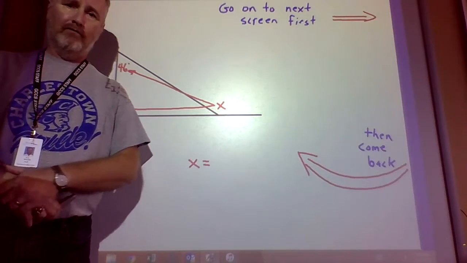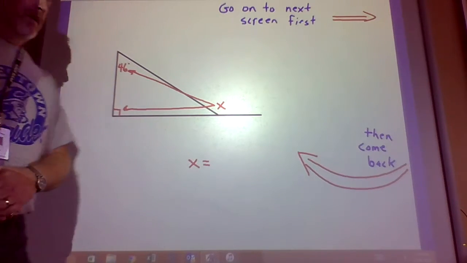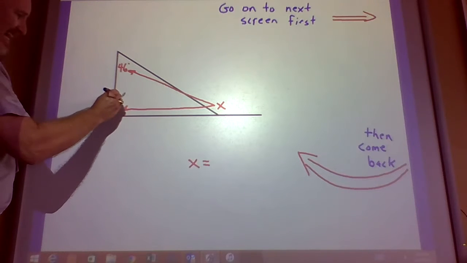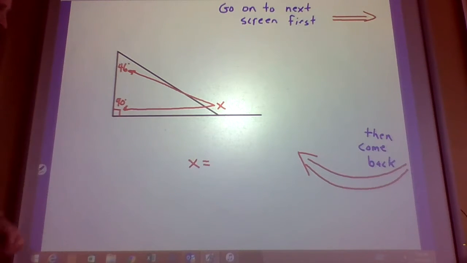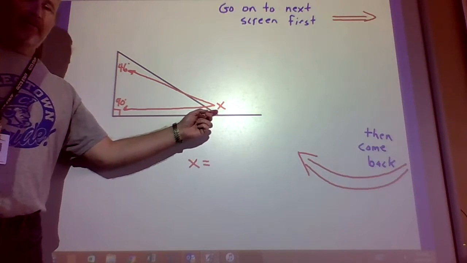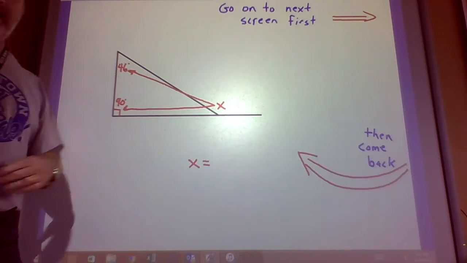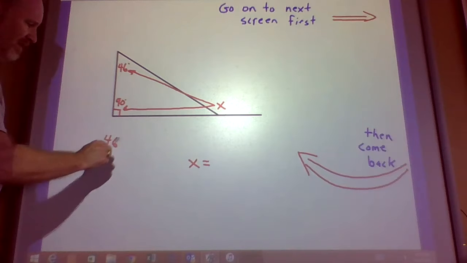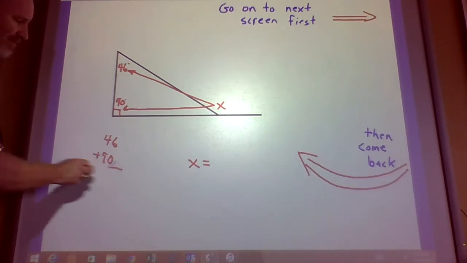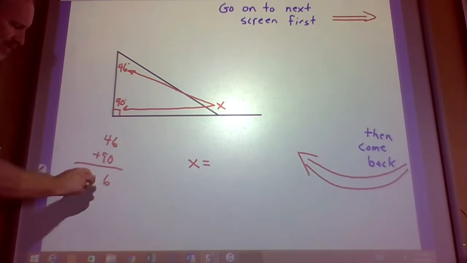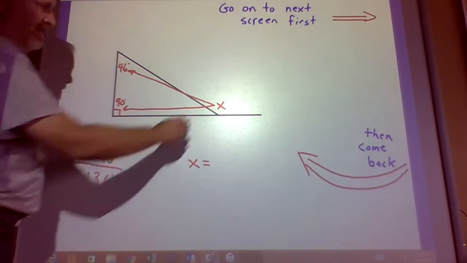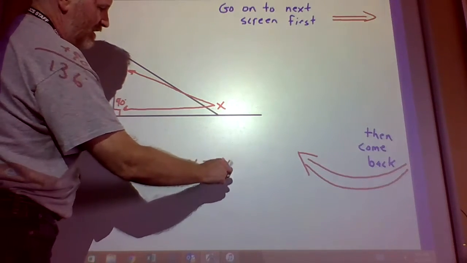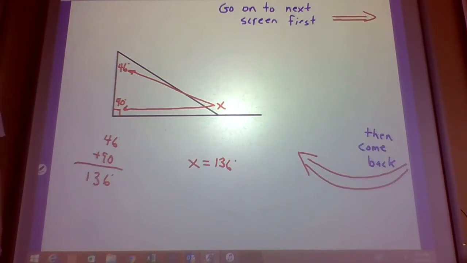If you don't, you've really not been watching the videos. Red box means 90 degrees. So x would be the sum of these two, so you would take 46, simply add it to 90, and you would get 136. So this exterior angle is 136.